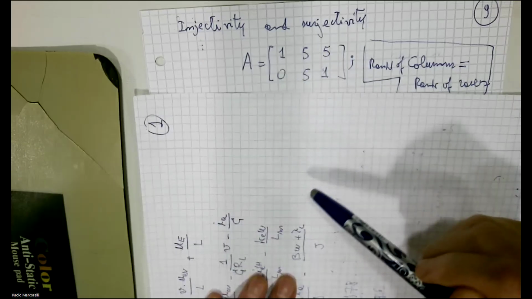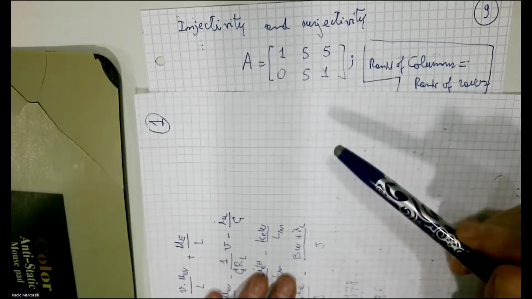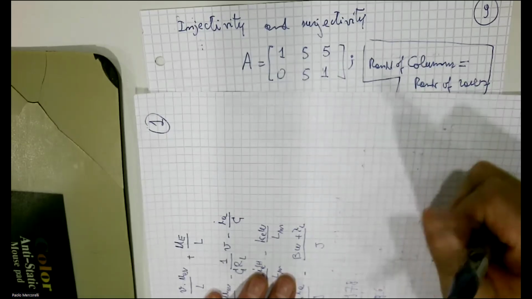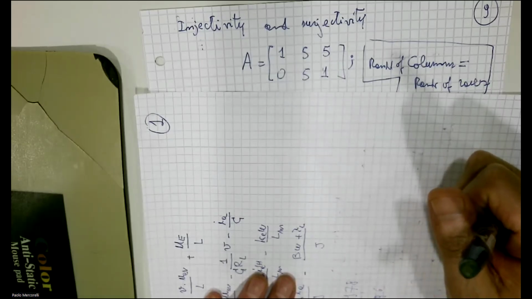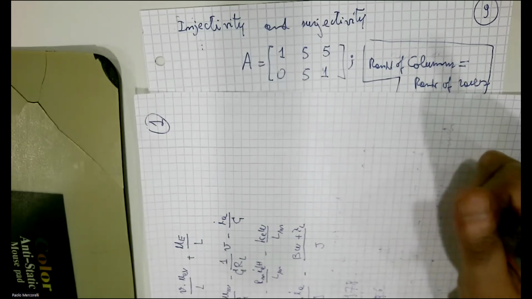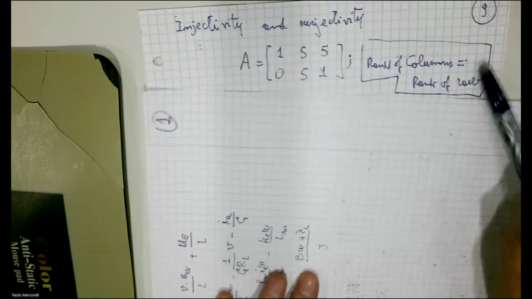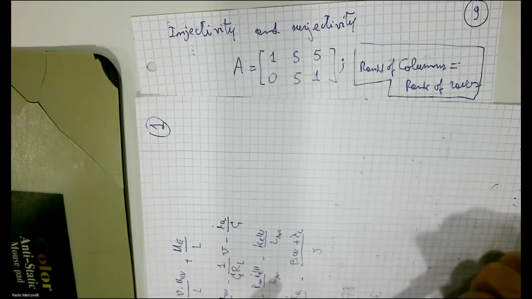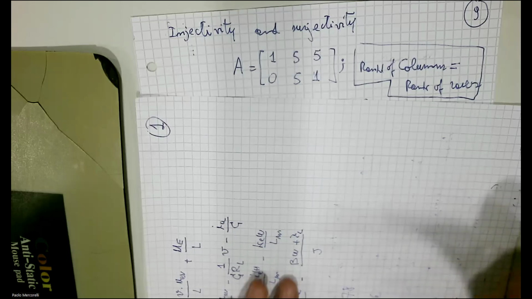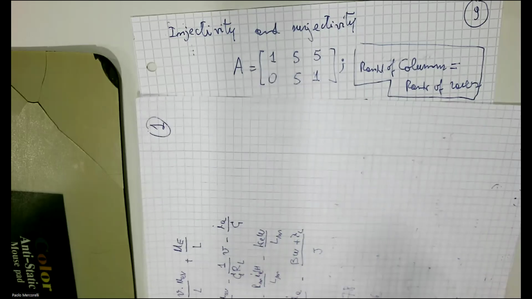Let's consider this matrix here. The topic is injectivity and surjectivity. We have a theorem we discussed a lot: rank of columns equals rank of rows for each matrix. I give you this matrix here. Please pay attention now. I would like you to think for 1 minute.